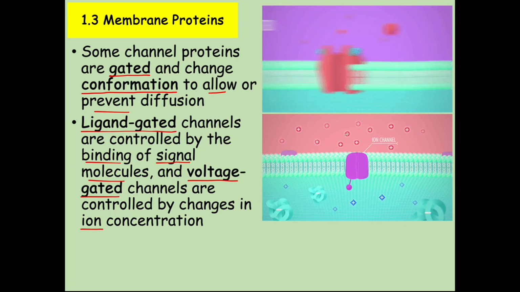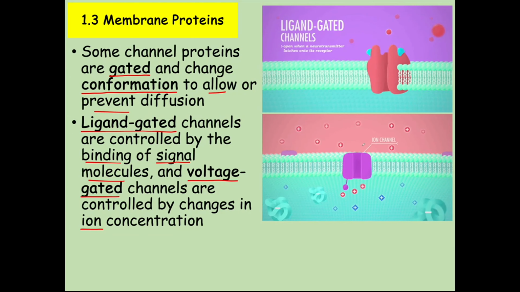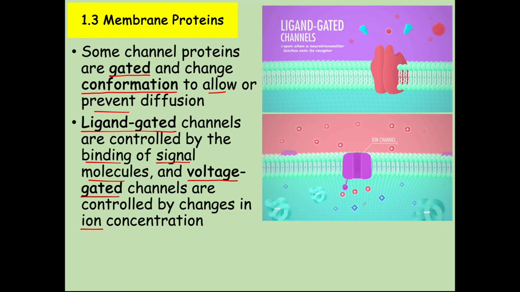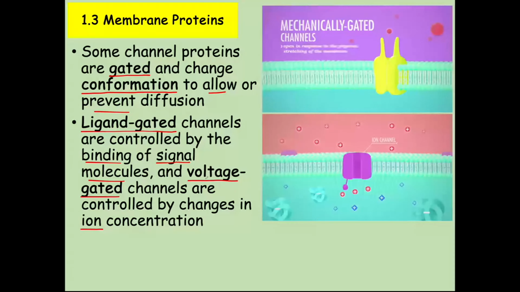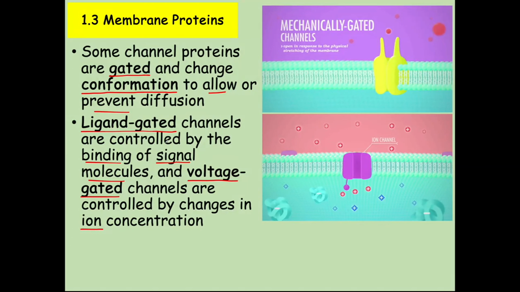And so when it obviously reaches a particular concentration for this particular voltage gated channel, it will open and allow the flow of these positively charged ions through to help balance what we call the membrane potential, the electrical difference in terms of the charge on either side of the membrane. Okay, so voltage gated and ligand gated channels, they're the two that you need to know about. The voltage gated ones are controlled by changes in ion concentration, and the ligand gated channels are controlled by the binding of signal molecules.